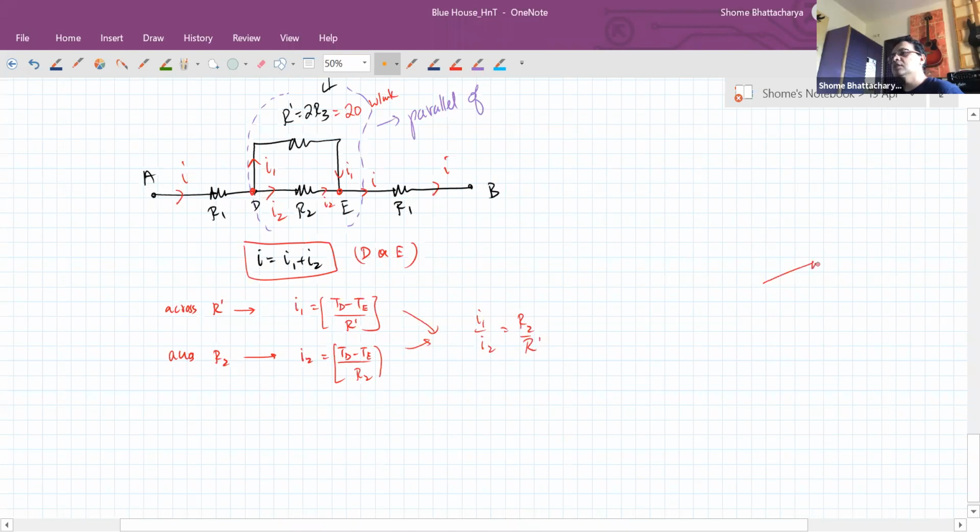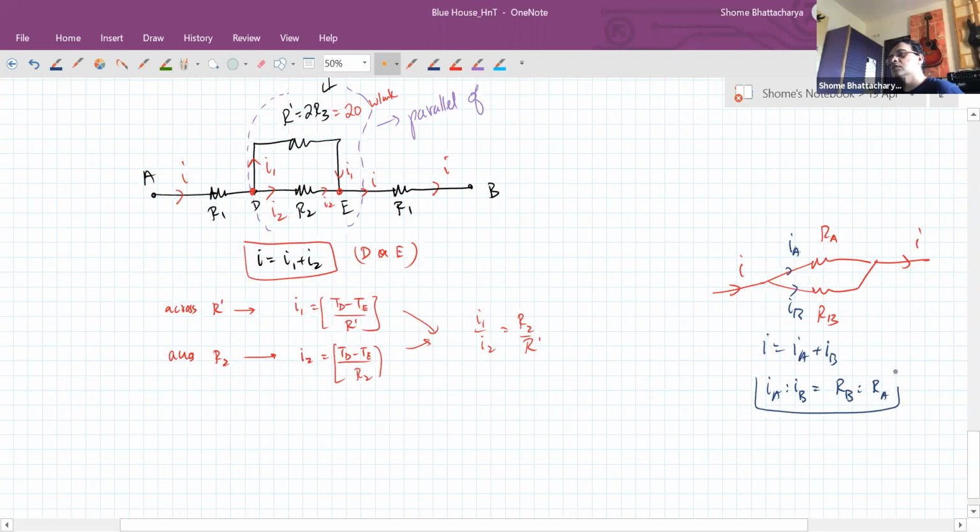In general, if we have RA and RB, and some current I is coming in, this current will split into IA and IB. Always I is equal to IA plus IB, whereas the ratio of IA to IB will be the inverse of the ratio of the resistances.